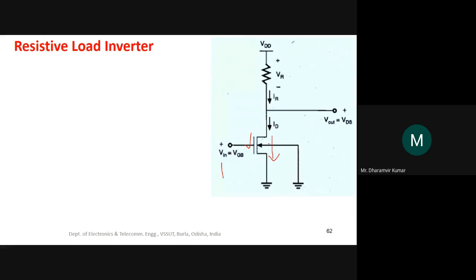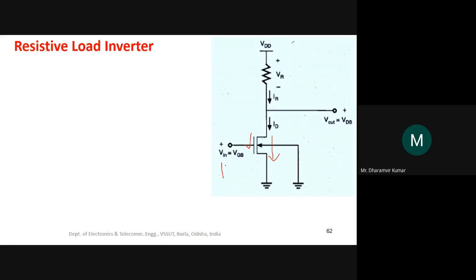It is just a matter of resistance value: in linear mode there is a different resistance shown by the device, and in saturation mode the resistance value changes. But we know that the device is conducting, passing a significant amount of current, and we say that the device is on.